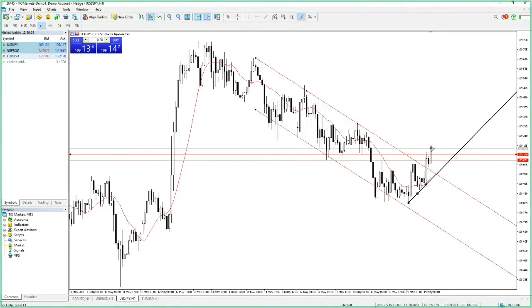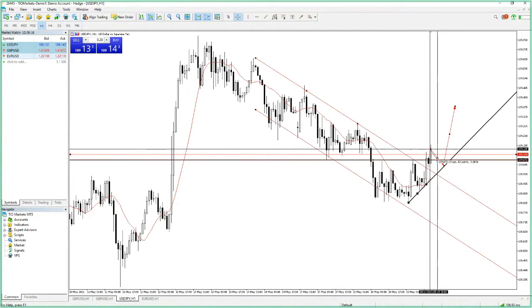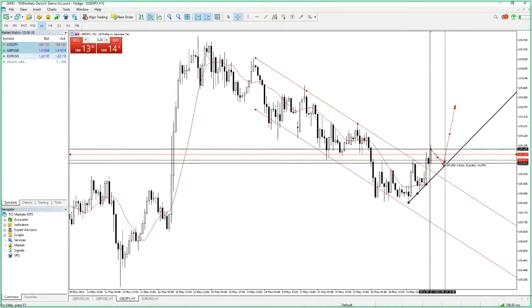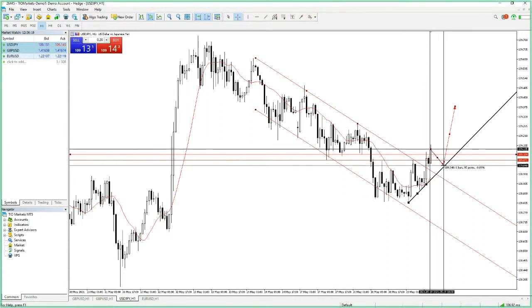If we buy right now, the market could move down here to the trend line and then move higher. That would mean we have to accept about 10 pips. That's not huge, but sometimes it can be much more.